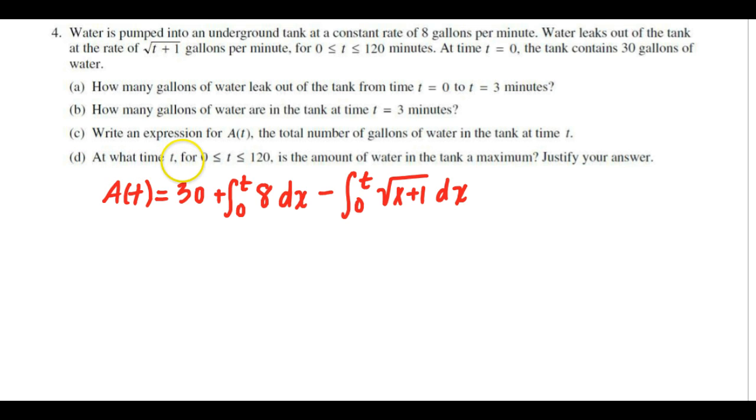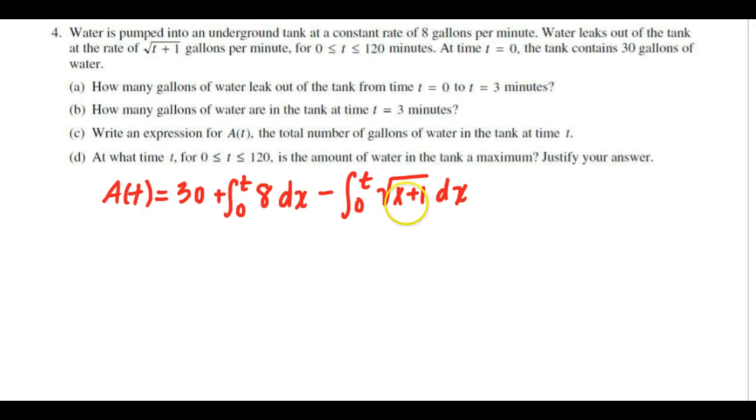At what time t, where t is between 0 and 120, and note that this is a closed interval, we have less than or equal to, less than or equal to, is the amount of water in the tank a maximum? So at what time t is the amount of water in the tank a maximum?